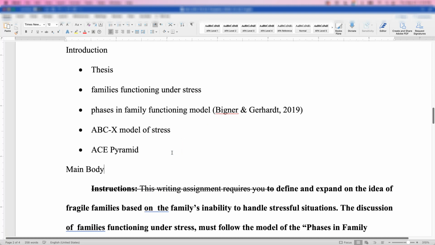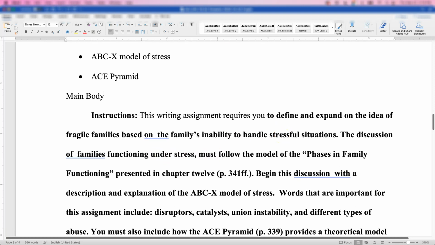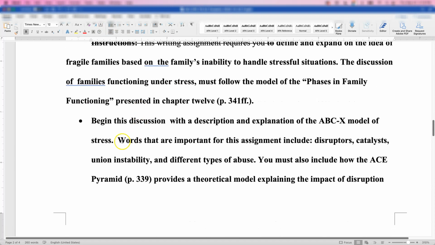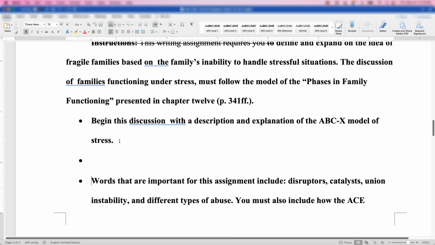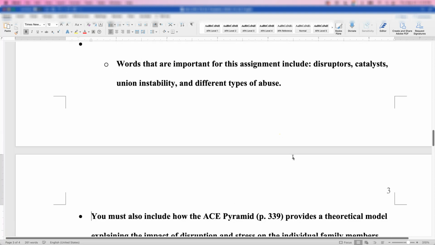All right, so I know I'm going to have the introduction, and then I'm going to have the main body. And this is where I can start carving this up into different sections. So here we have, okay, begin this with a description and explanation of that. And then we have some sub-points where we need to make sure that we mention and discuss those things.